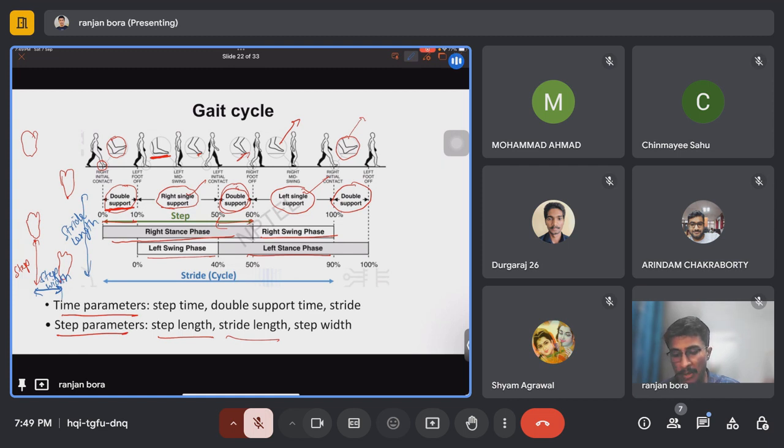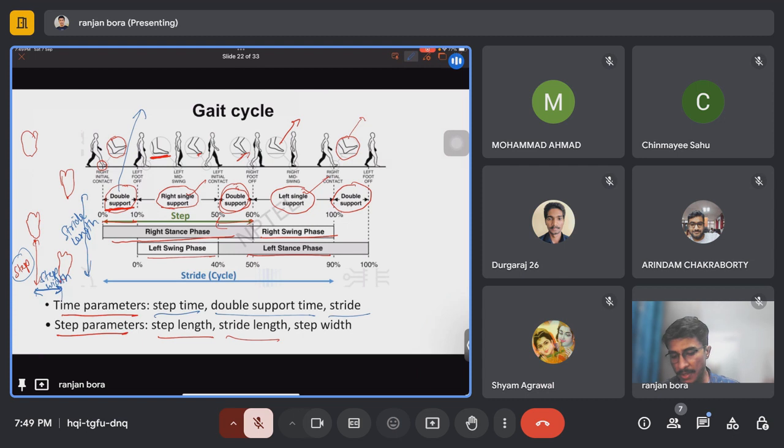And from here we will get the time parameters. The time for one step is known as step time. And what is the double support time? Double support time means the time for this double support, for how much time both the feet are in contact with the ground.